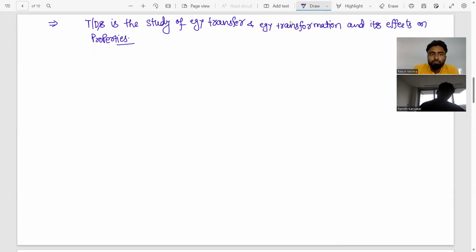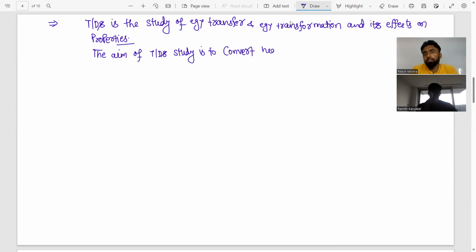One more point: the aim of thermodynamics study is to convert heat into work in an efficient manner.